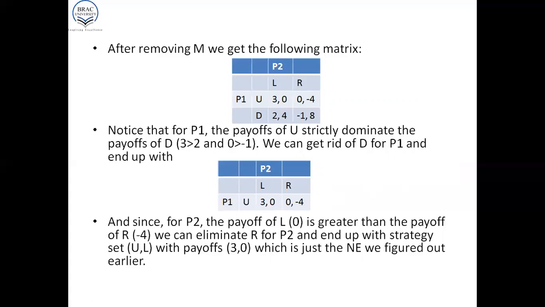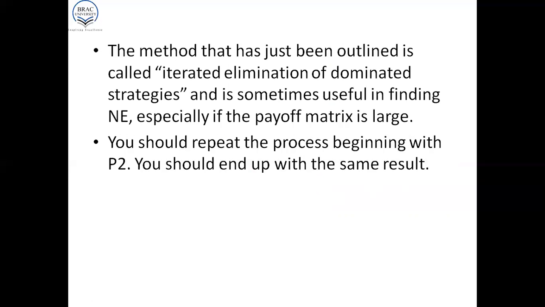The process we have gone through is called iterated elimination of dominated strategies. It is sometimes useful in finding Nash equilibria, especially if the payoff matrix is large. If you have a large payoff matrix and you can eliminate some rows or columns, the matrix becomes more manageable.